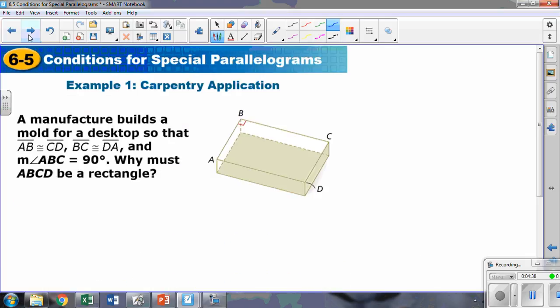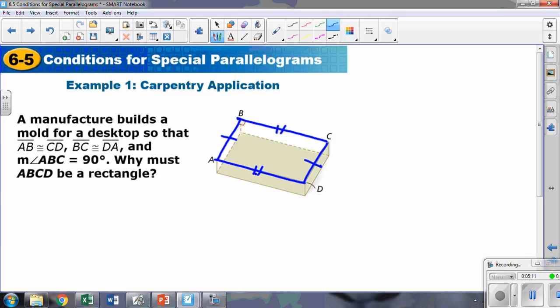And so we'll launch right into it here. A manufacturer builds desks, and their mold has AB congruent to CD. Okay, so AB and CD are congruent. That's 1 pair of opposite sides. We also have BC congruent to DA, a second pair of opposite sides congruent.